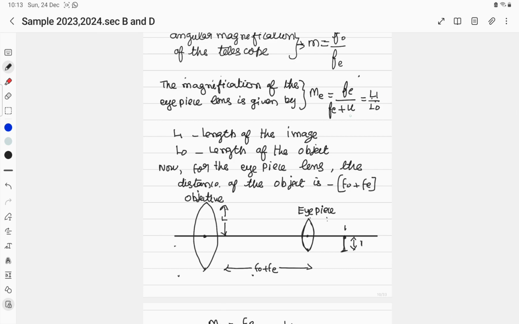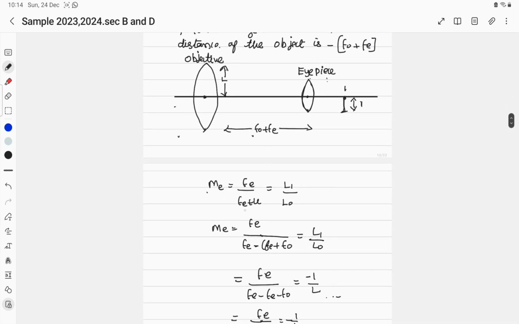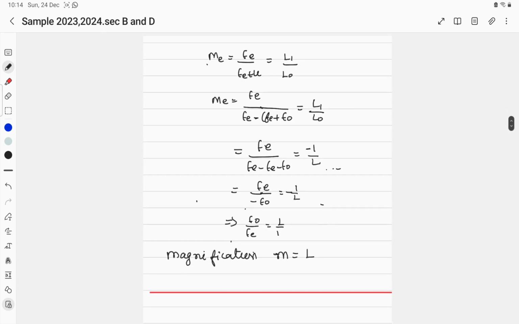Here, l is the image height, L is the object height. m_e is equal to fe by (fe plus u) is equal to l by L. So, u is equal to, we know, minus (f0 plus fe). Using this value, we get f0 by fe is equal to L by l, so magnification M is equal to L by l.